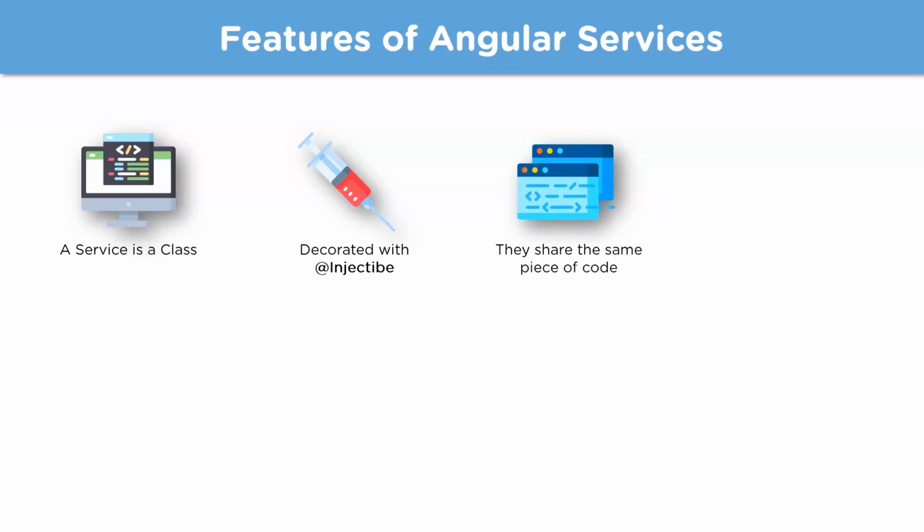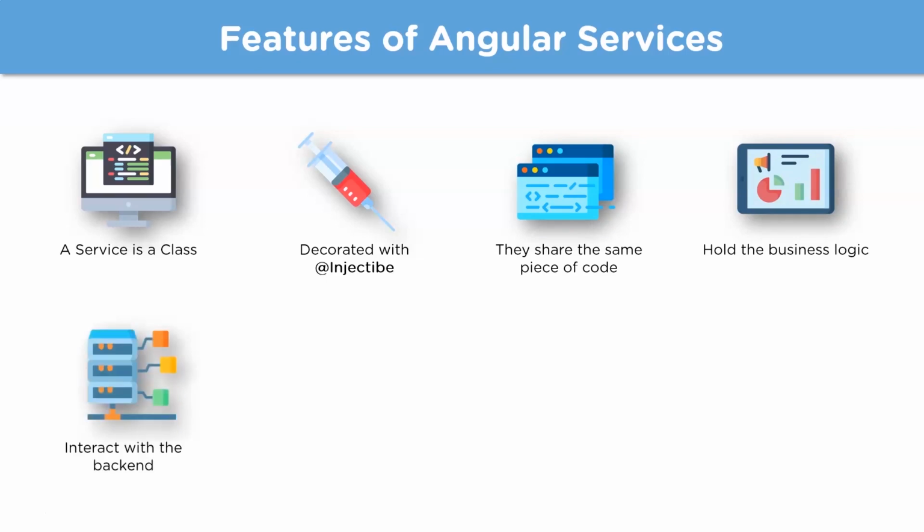They can also inject other services as dependencies. Now these services hold valuable business logic and can also be used to interact with the backend. For example, if you want to make AJAX calls, you can have methods for those calls in a service and then use it as a dependency in files.